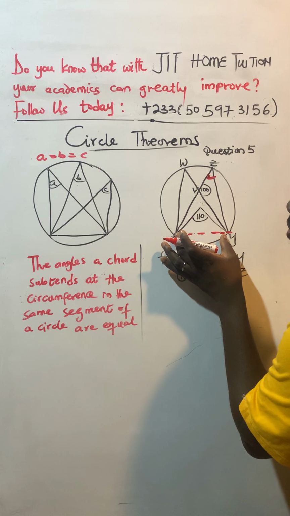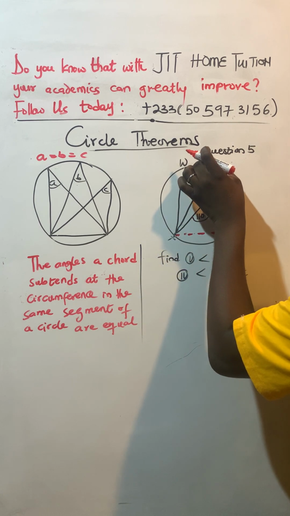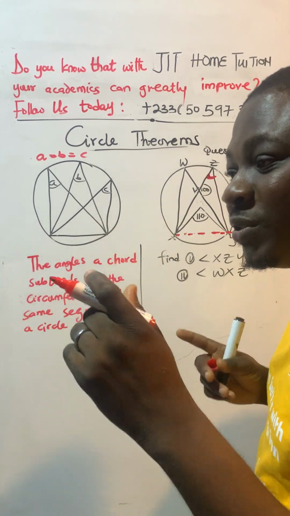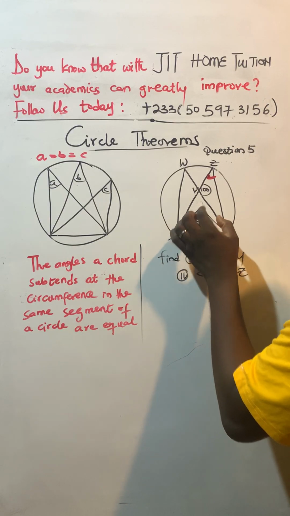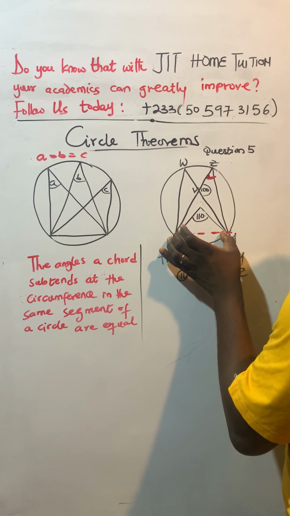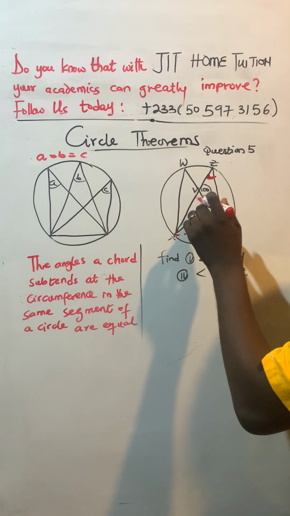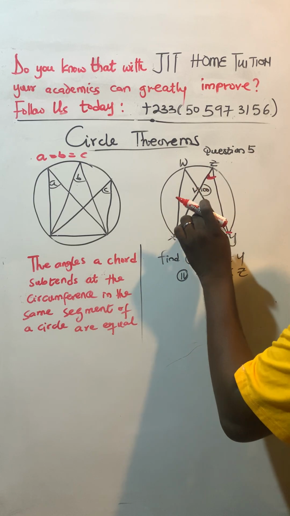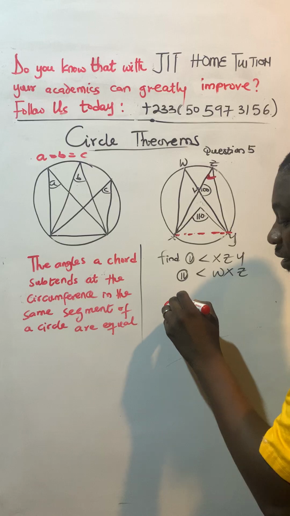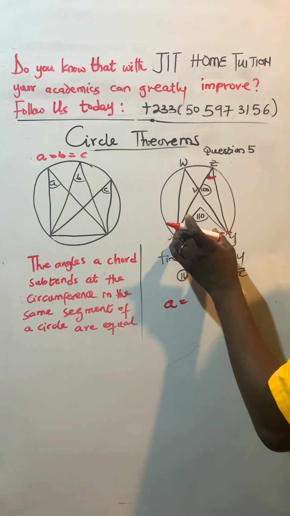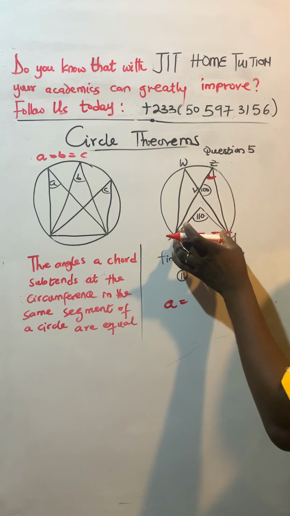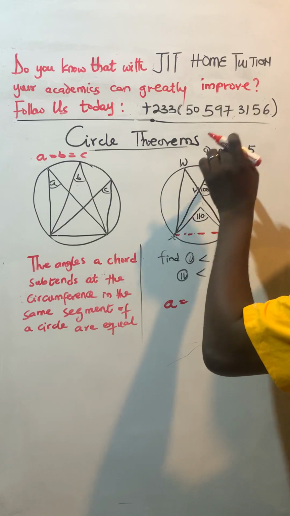The same chord has also subtended at the circumference of the circle. So one of the theorems says that if a chord subtends at the center and that same chord subtends at the circumference of the circle, the one that was created at the center, let's say that it is A, should be equal to twice the angle that that same chord subtends at the circumference of the circle.